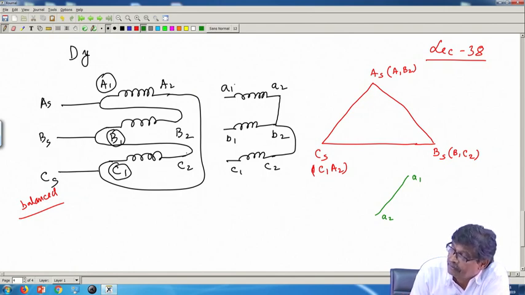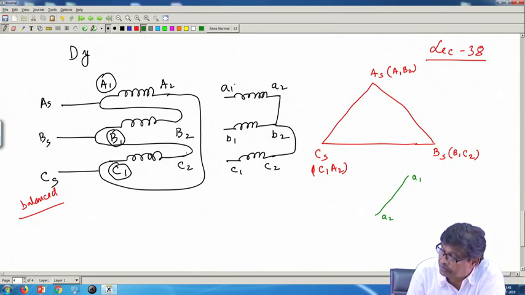Got the point. Similarly, the voltage applied across the primary of the B transformer is B1, B2. Where is B1? Where is B2? Oh, this is B1, this is B2.